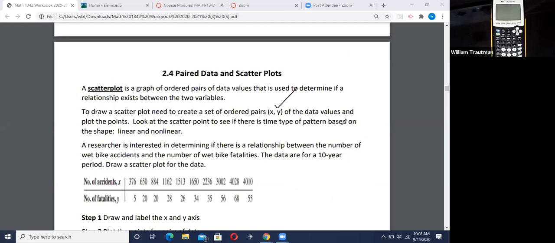Here they tell us the scenario, and here are our x's and here are our y's. All my x's I'm going to put in list 1, and all my y's I'm going to put in list 2.